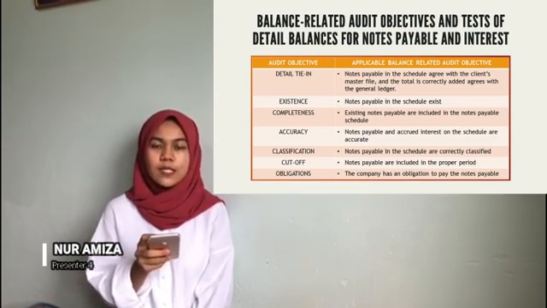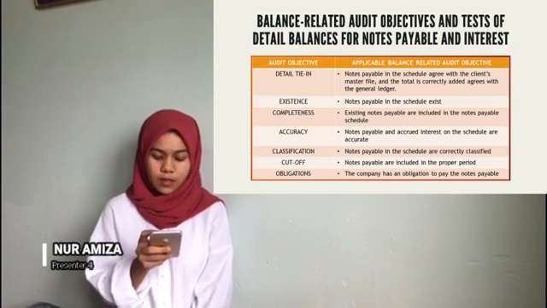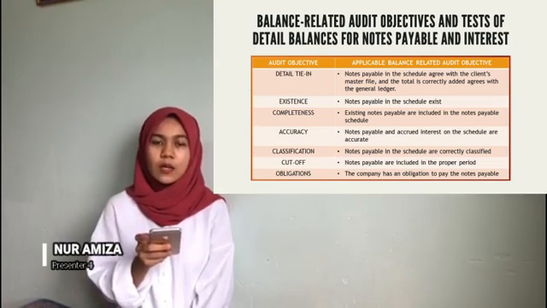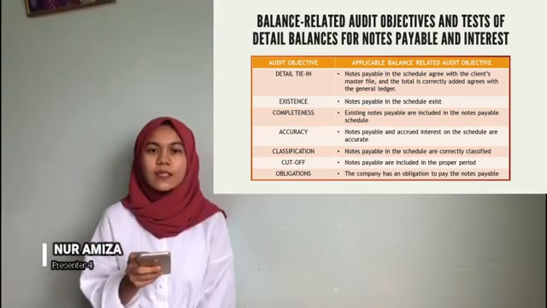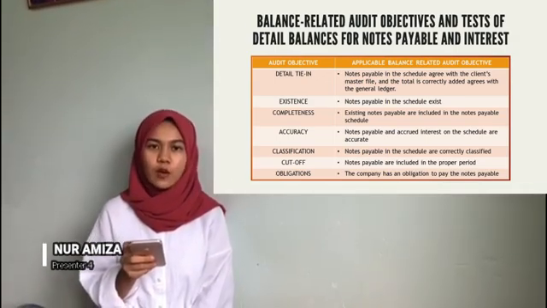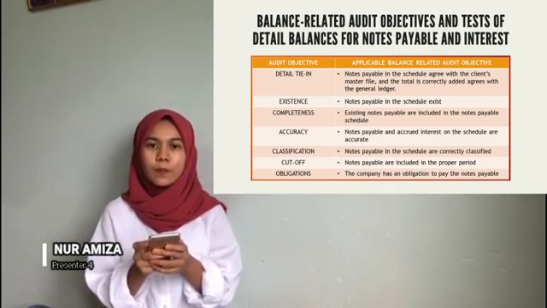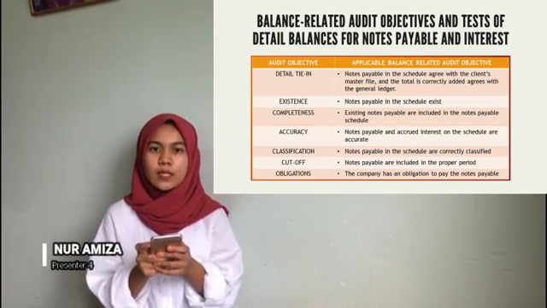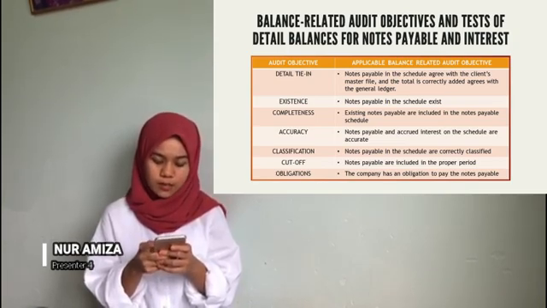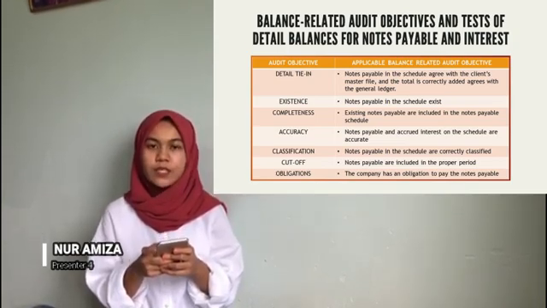The fifth one is classification. Notes payable in the schedule are correctly classified. The next audit objective is cut-off, which is that notes payable are included in the proper period. The last one is obligations. The company has an obligation to pay the notes payable.